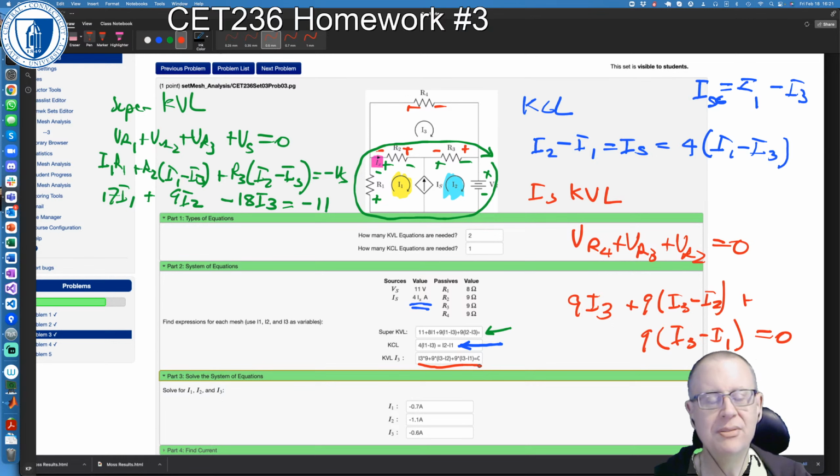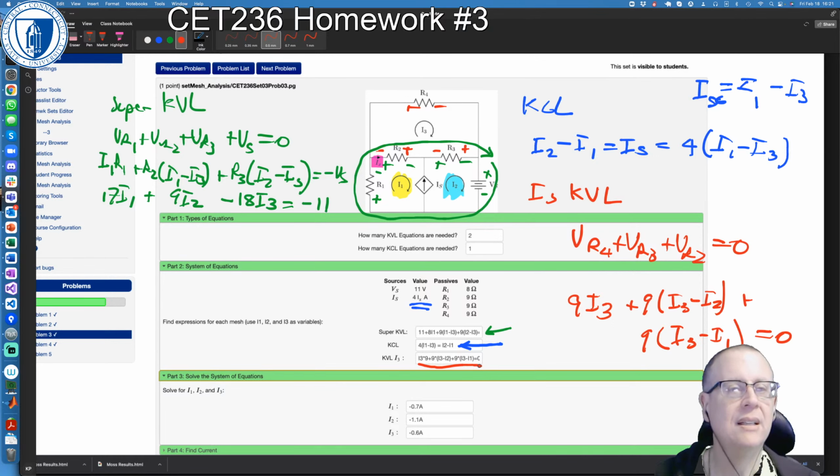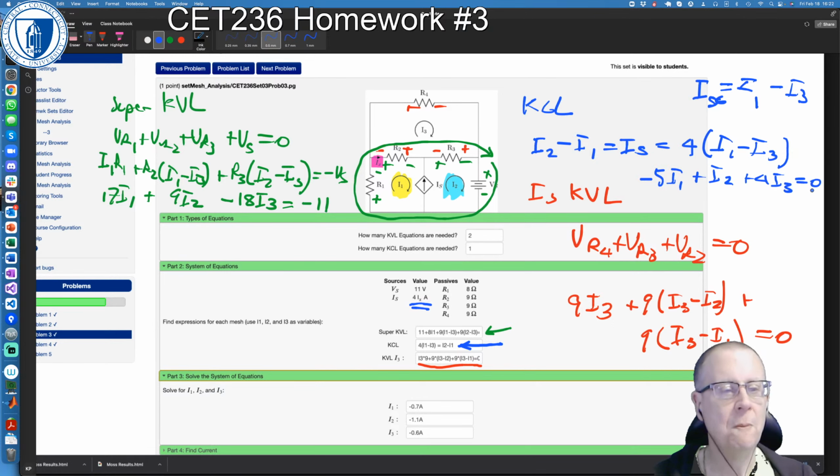And now we have 3 equations in 3 unknowns. I'm just going to rewrite the KCL equation a little bit, right? So we've got minus 5I1, right, plus I2, plus 4I3 equals 0.